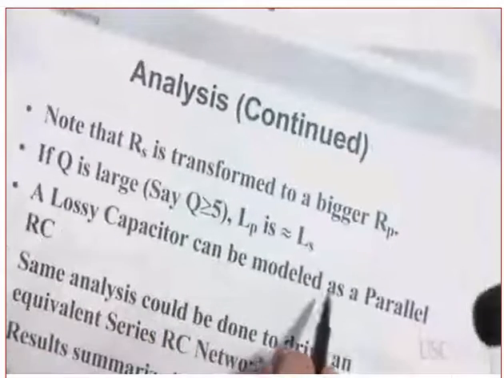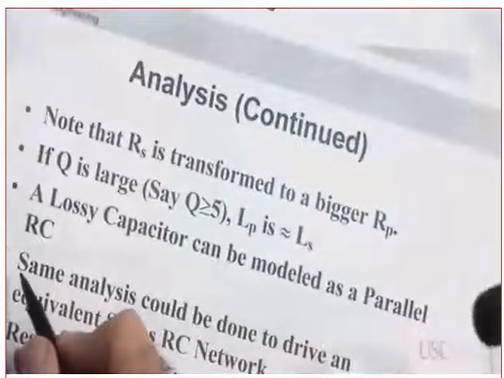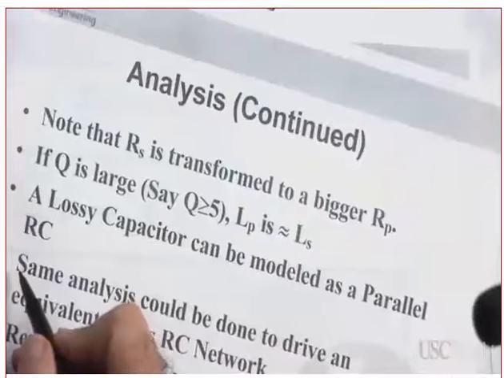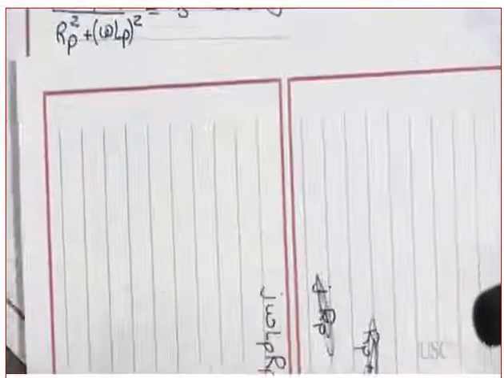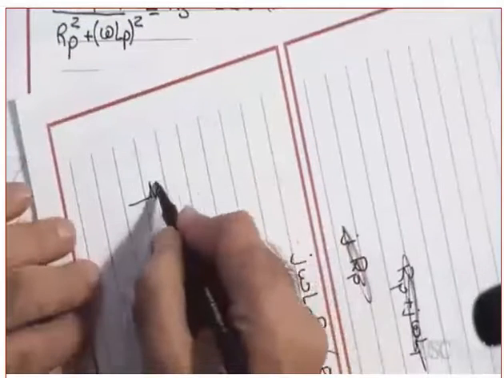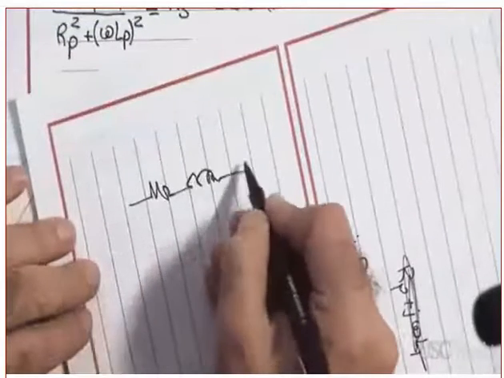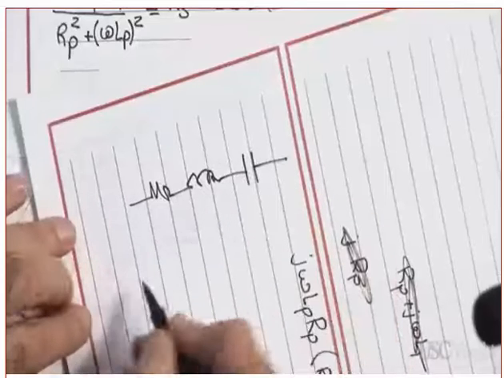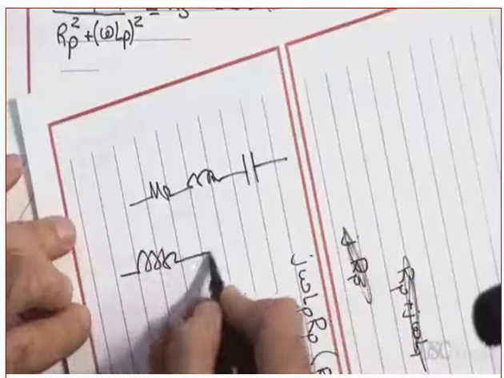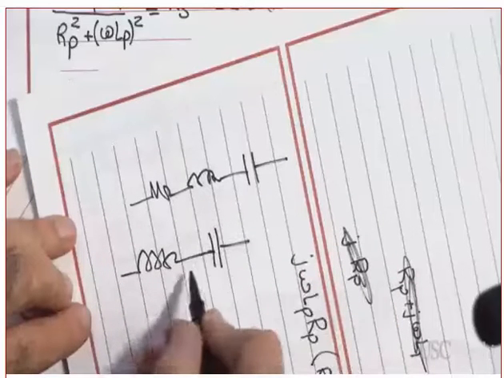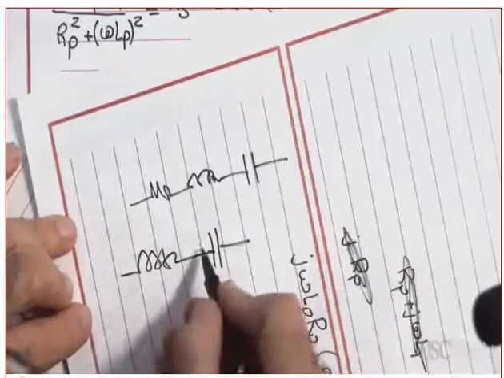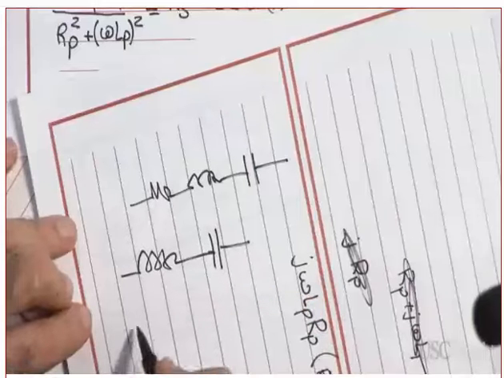A lossy capacitor can be modeled as a parallel RC. Did you get this or not? A parallel RC. Now this will happen where? In other words, see the series? This is the series. If you do have a series tank circuit, is this a series tank circuit? But this one is not pure, so it becomes like this.